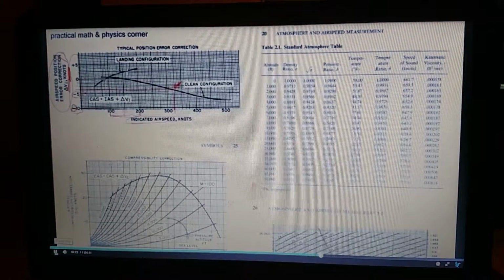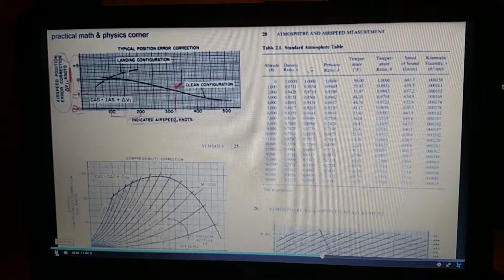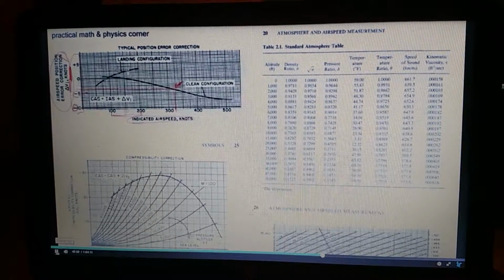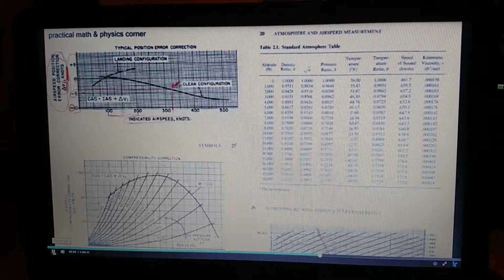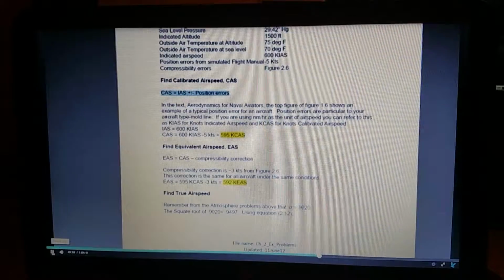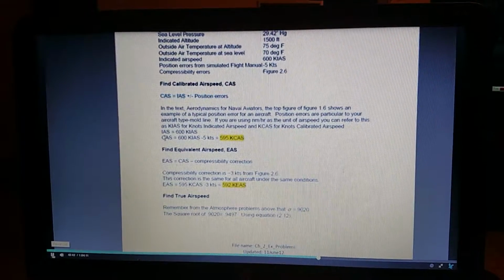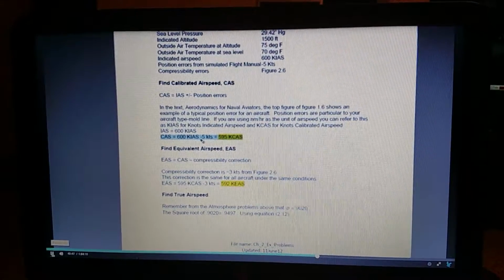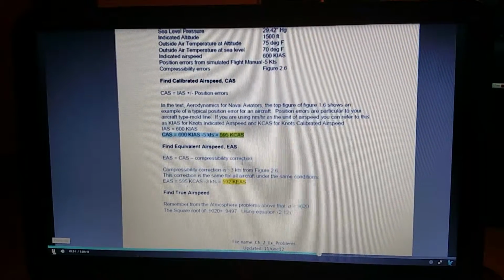Once you get practice with those charts, they're actually fairly easy to read and fairly quick representations of what you want to see. Once you get your delta VI as in the example here, apply it to your indicated speed to get calibrated speed, and again pay close attention to minus or pluses on that speed correction.